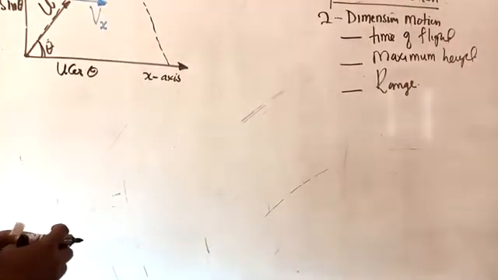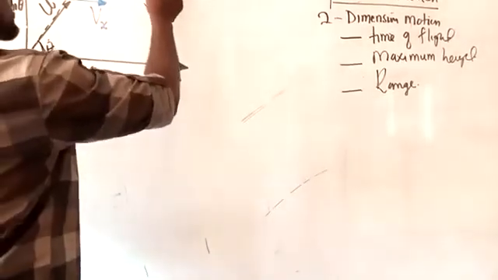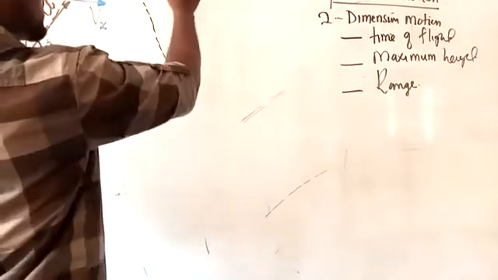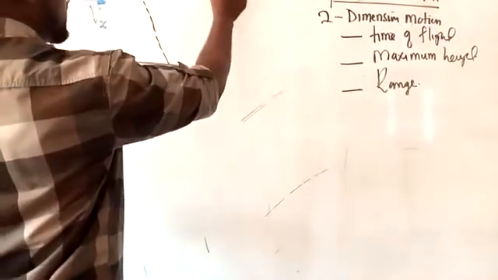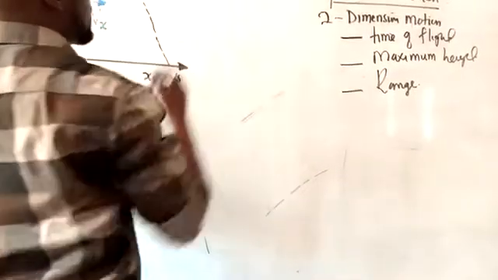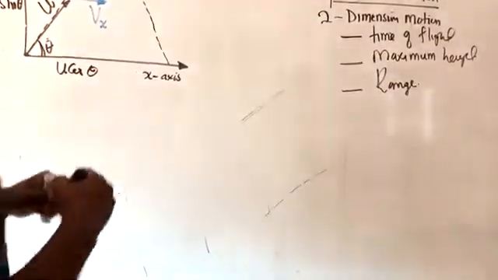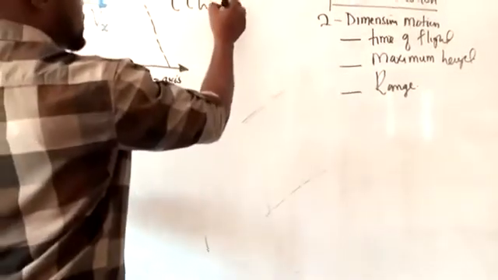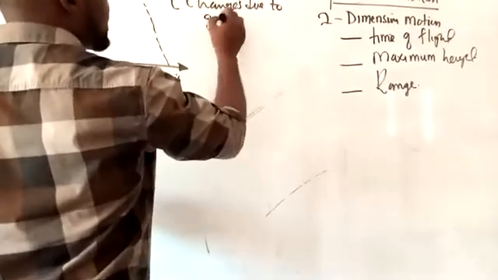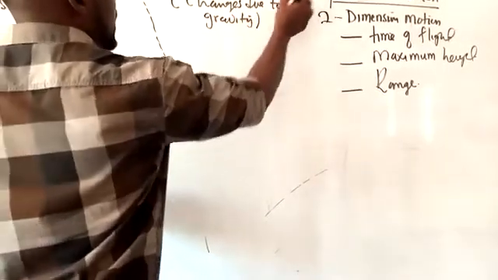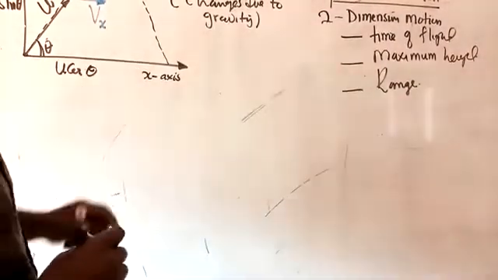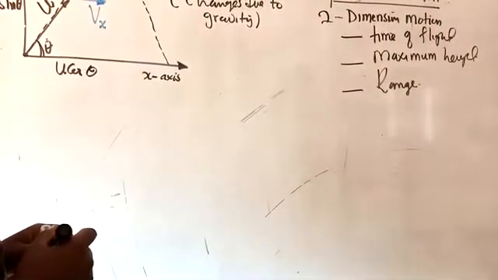Vy is the velocity in the y-axis, and this value changes due to gravity. Because it changes due to gravity, it affects the velocity at that point.